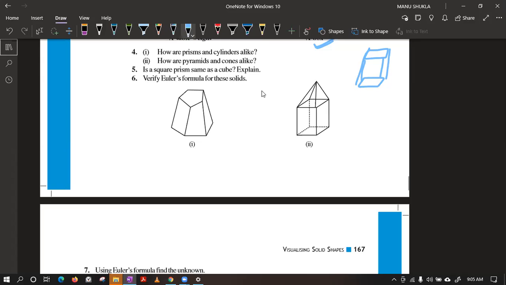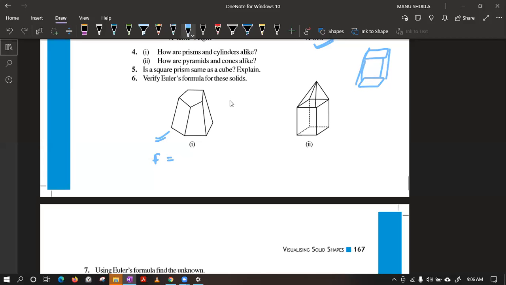Now we will verify the Euler's formula and you all will help me in that. For that, you need some sort of understanding of this figure. Class, tell me how many faces are there. Some are saying 6, some are saying 8, some are saying 5.